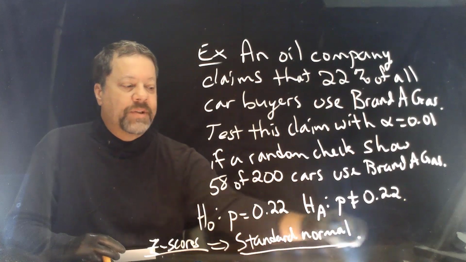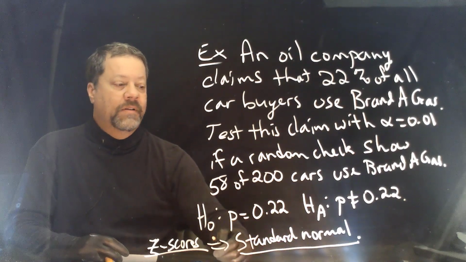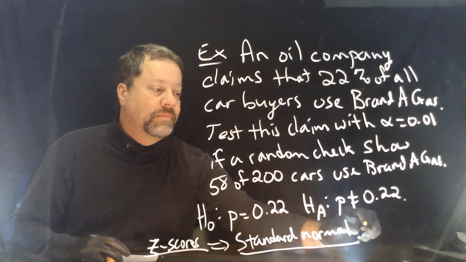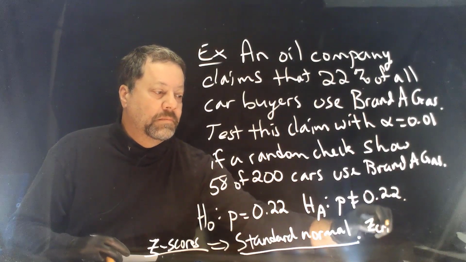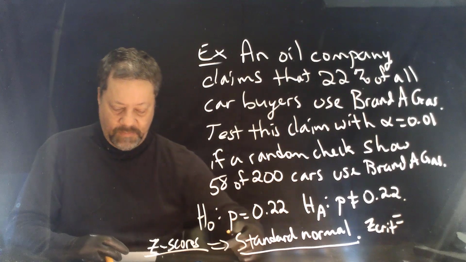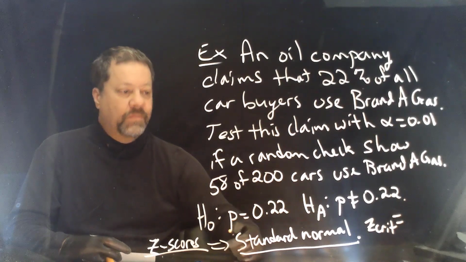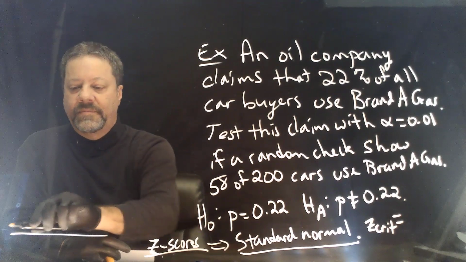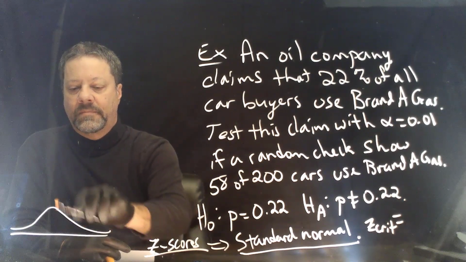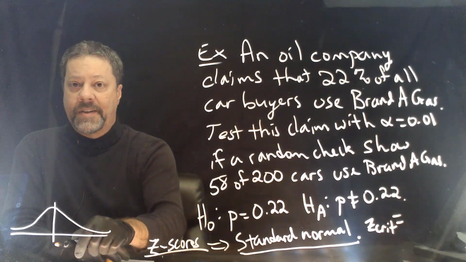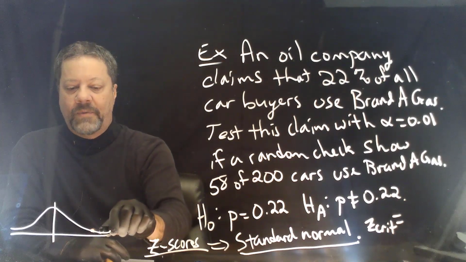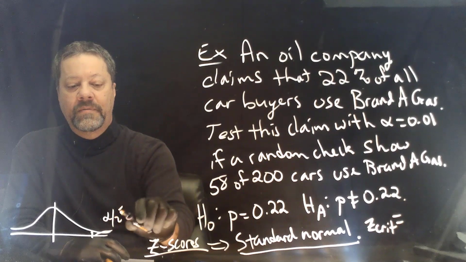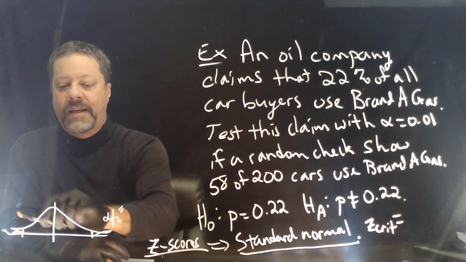For the standard normal distribution, there are critical z-scores that you can find in a table. The critical z-scores will have to divide that 1% in each tail. Here's the null hypothesis mean, and we're going to have to split that alpha over 2 in each of these two tails.